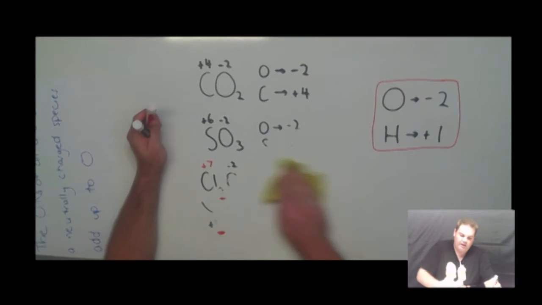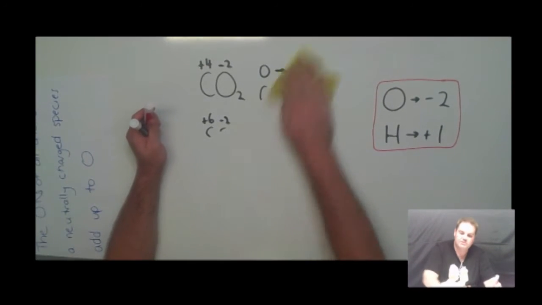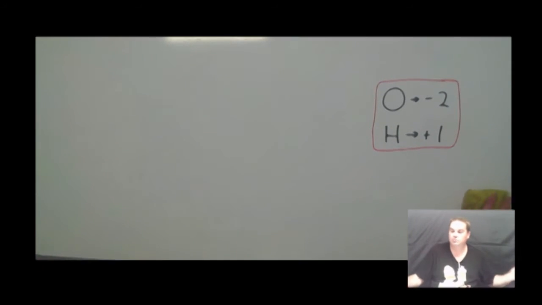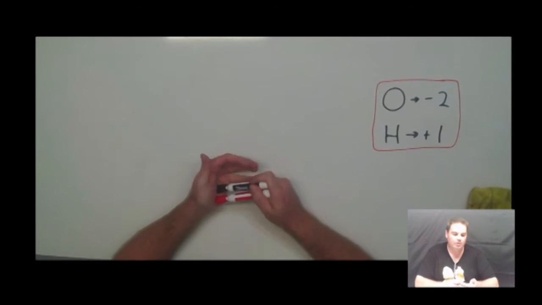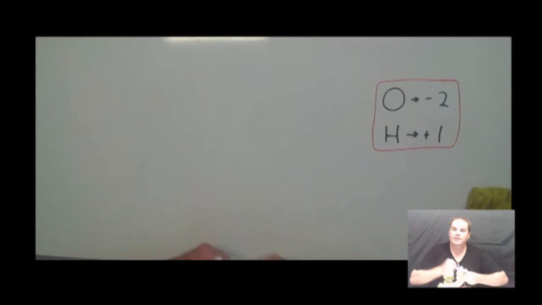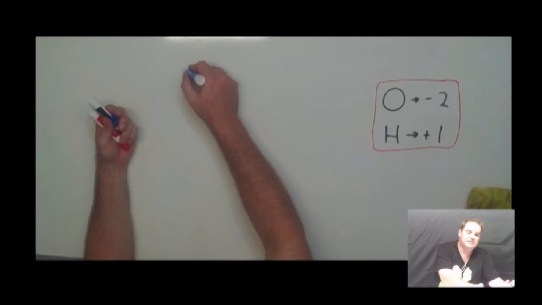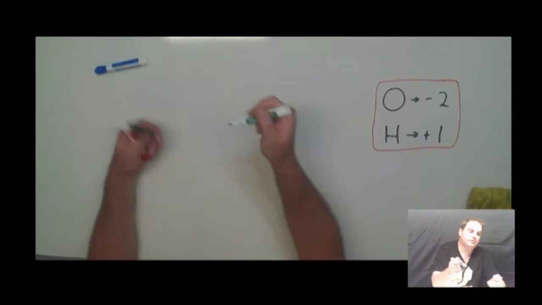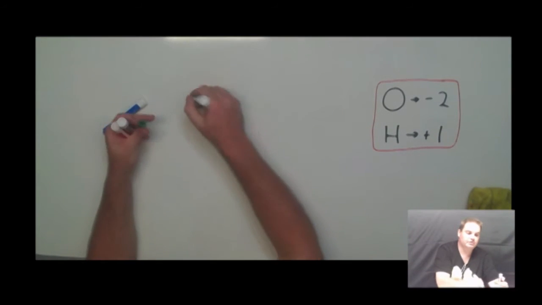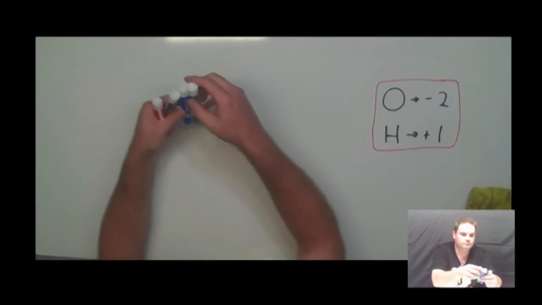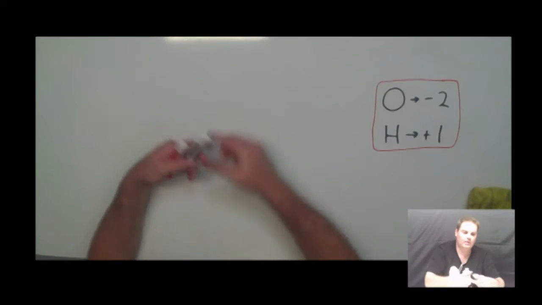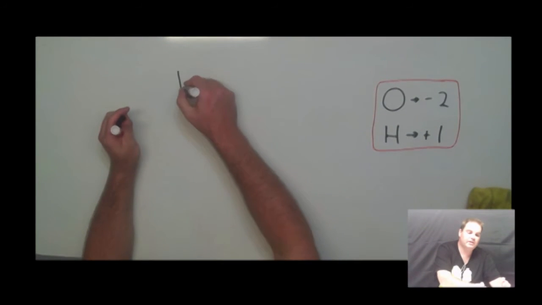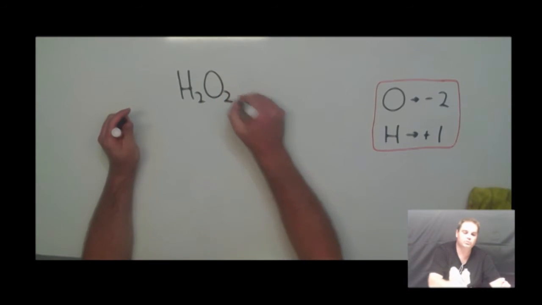What I'm going to do now is just show you the 2 times when oxygen, and also the 1 time each, or 2 times total, where these are not -2 or +1. The first one revolves around oxygen, okay? The only time it's not -2 is if you have hydrogen peroxide, H2O2.